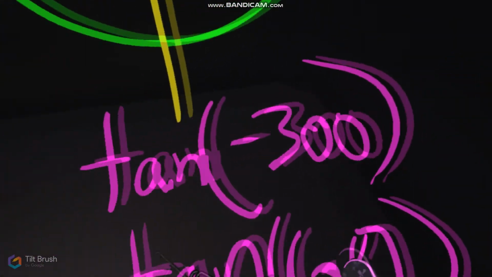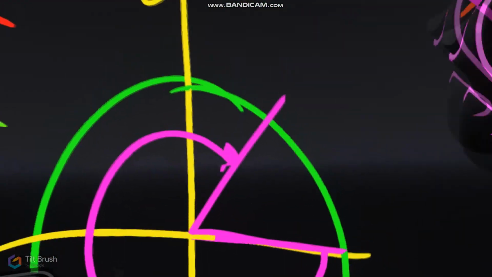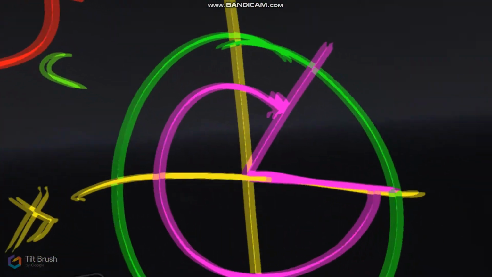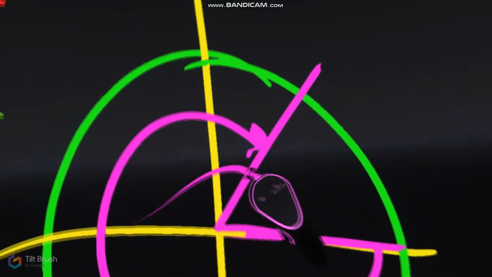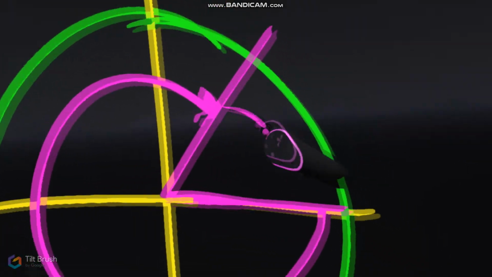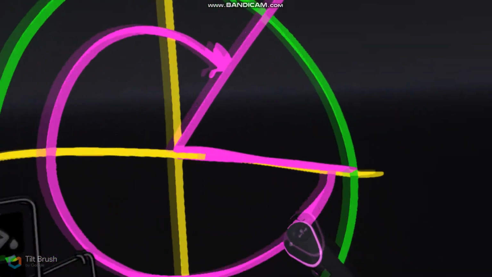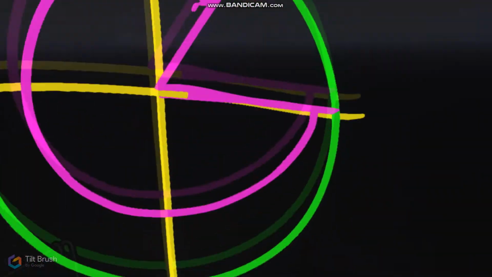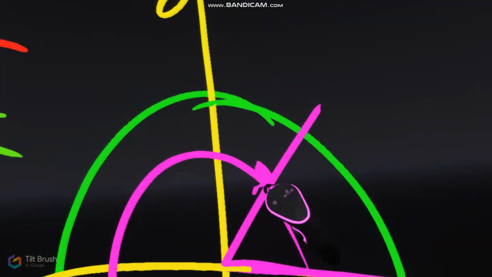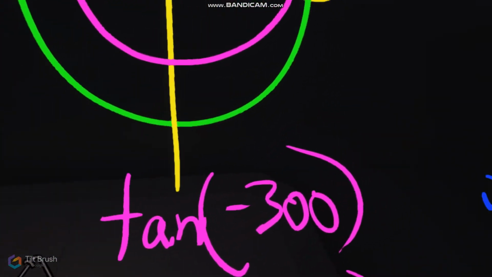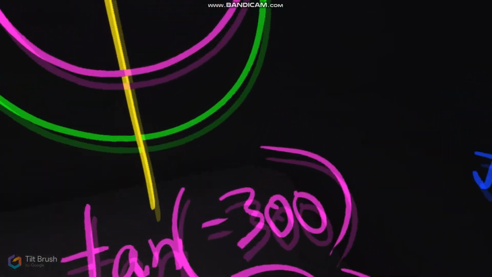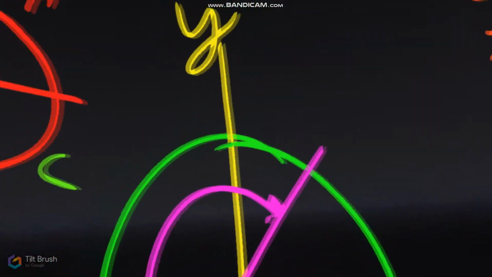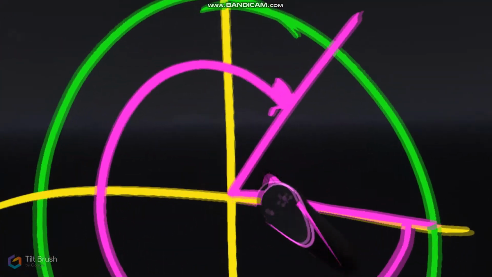That's not really trigonometry. That is kind of just circles or angles. Negative 300 degrees is equal to 60 degrees. If you have a negative, you add 360 to it as many times as you need until it becomes an angle like this. That's the best way I can explain it currently. And so this is 60 degrees now.